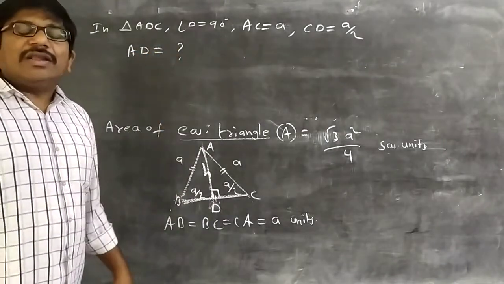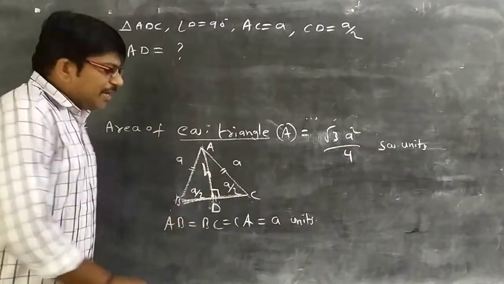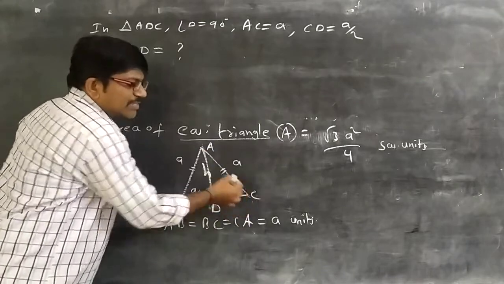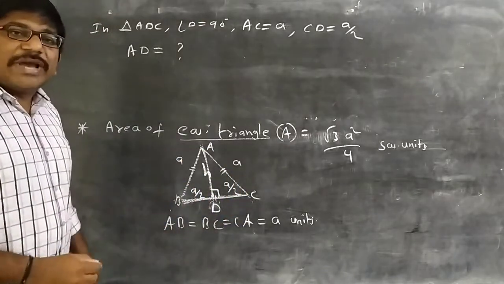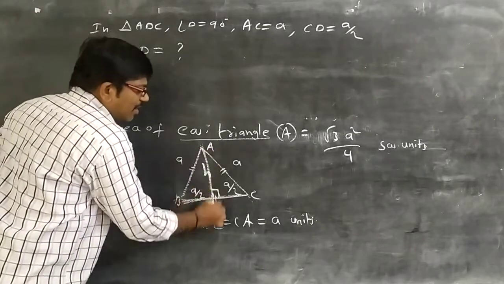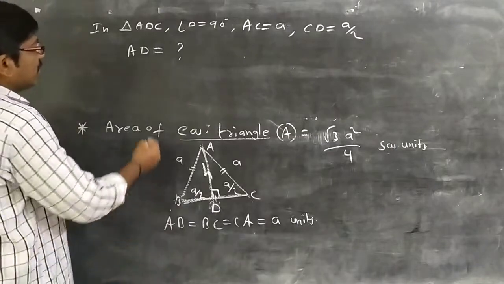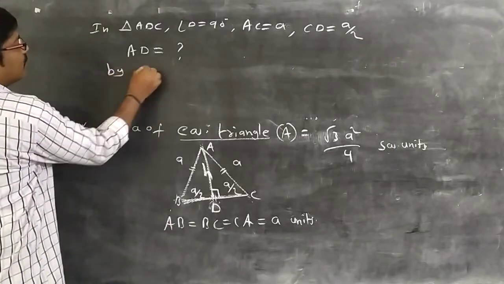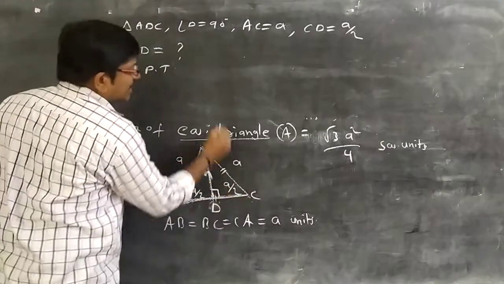We know very well that by using the Pythagoras theorem in a right angle triangle, hypotenuse square is equal to side square plus side square. By using the Pythagoras theorem, we can find the H value, that is the height of the equilateral triangle, right? By Pythagoras theorem, here the hypotenuse is AC.